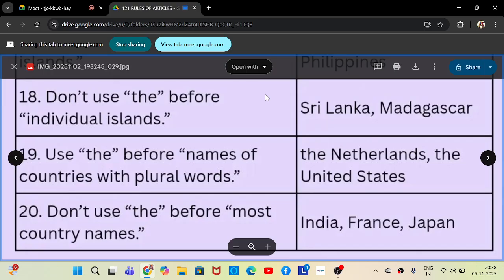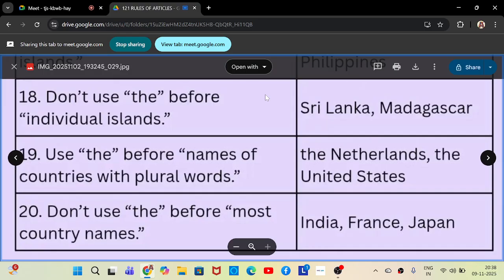Examples are India, Pakistan, China, Japan, Nepal, etc. But there are also some plural countries or groups of countries like the USA, UAE, UK, Netherlands, etc. For these you have to use the: the Netherlands, the United States of America, the United Kingdom. United means it's a group of countries. Then West Indies is a group of islands. So the West Indies, the Netherlands, etc.